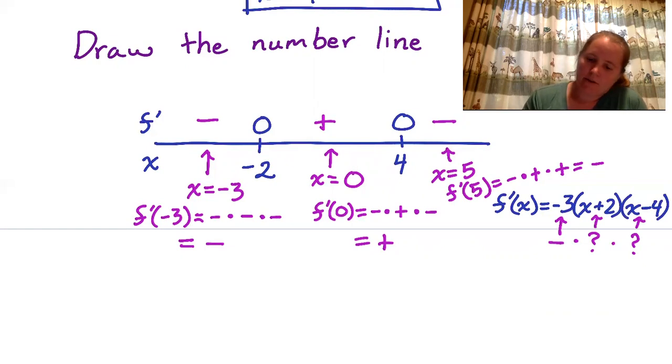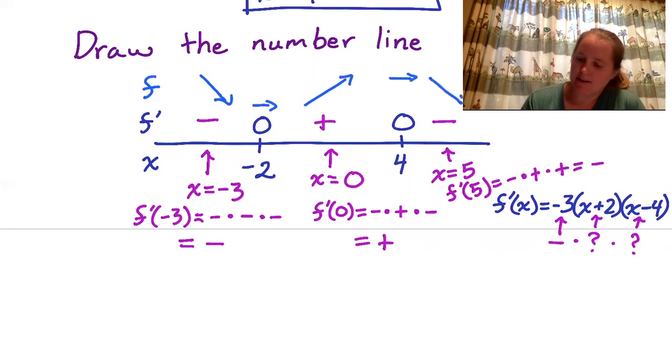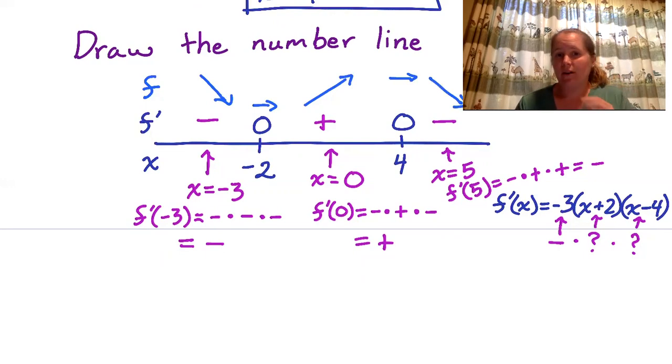At this point, we can figure out what is happening with f. So a negative derivative, we're going down, flatten out at 0. Positive, we're going back up, flatten out at 0, and then we're going back down. So we already can see what the graph is looking like here, right? We dip down, turn around, go up, turn around.